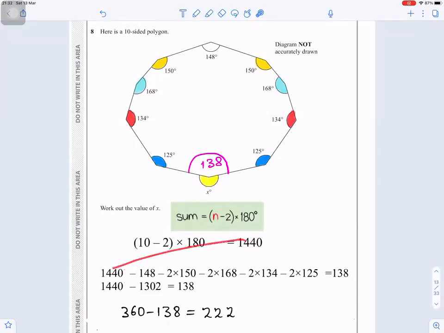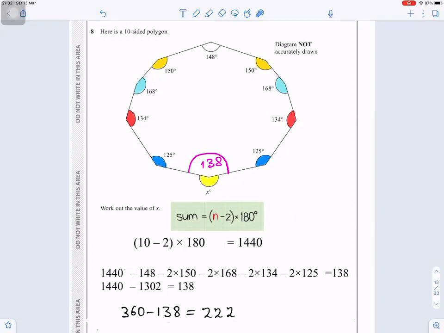So 1,440 minus this 48, which is on its own, minus 2 times 150 because there's two of them, minus 2 times 168 because there's two of them, minus 2 times 134 because there's two of them, and minus 2 times 125 because there's two of them. And that will give you 138. So this 138 is that number 10 angle inside.